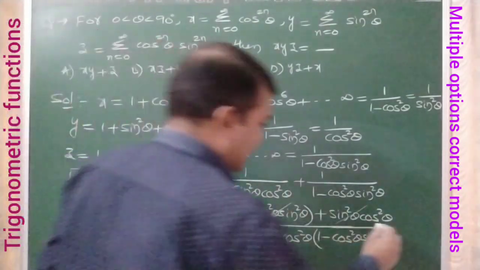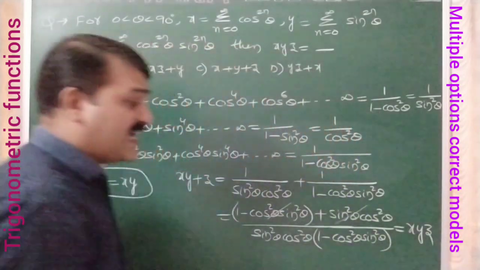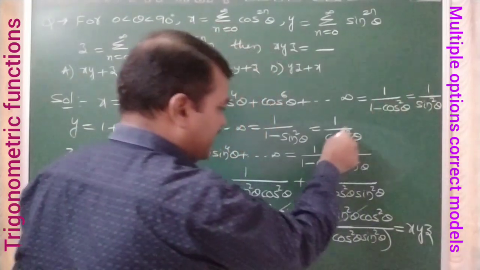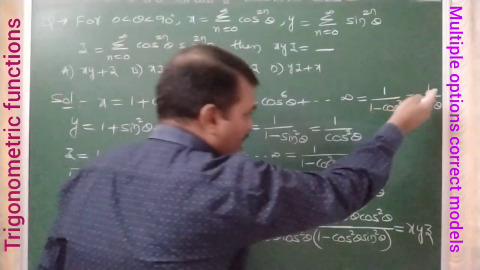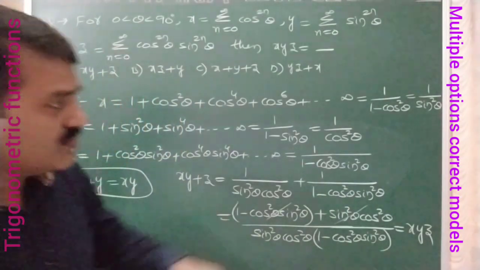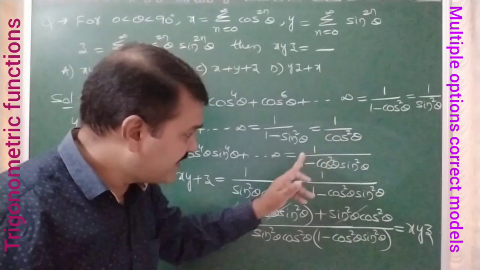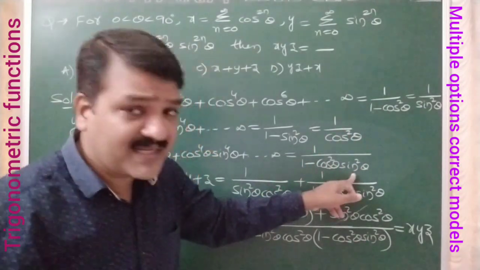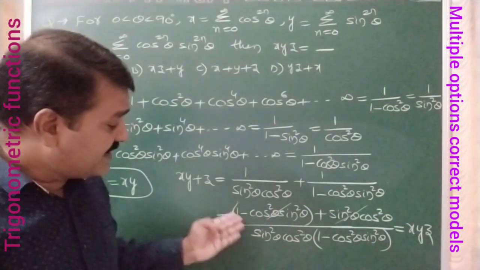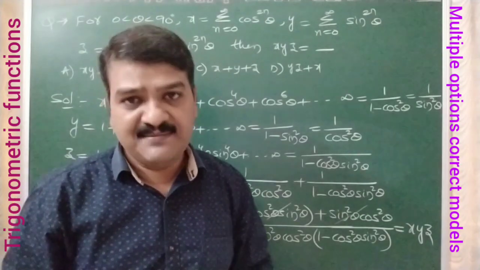Can we write that as x into y into z? Absolutely we can, because the product of these three is nothing but this only: 1 by sin squared theta cos squared theta into 1 minus cos squared theta sin squared theta. That is what we got here. So whatever is left is nothing but the product x into y into z.